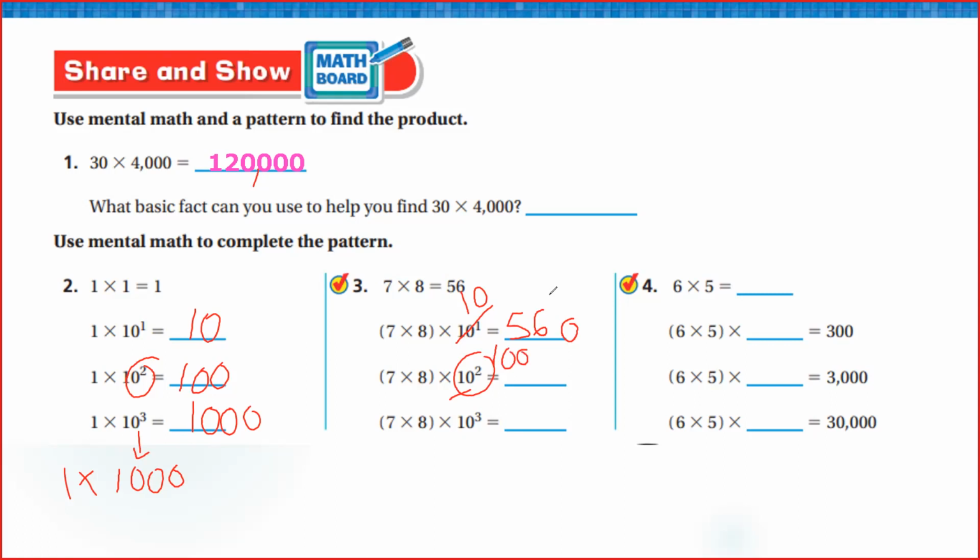Then 7 times 8 times 100, what will the answer be? Here, how many zeros do you first have to write? 2 zeros. Then 7 times 8, 56.